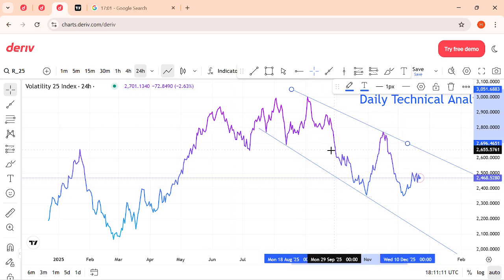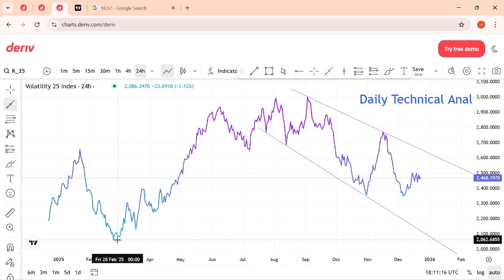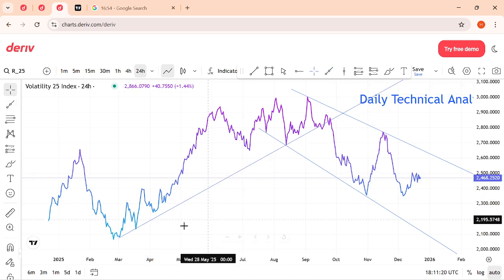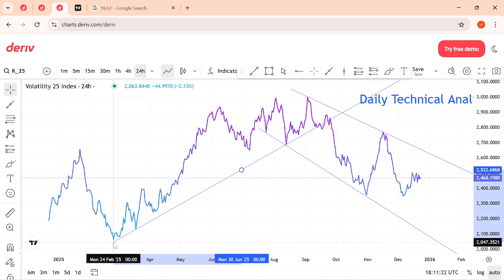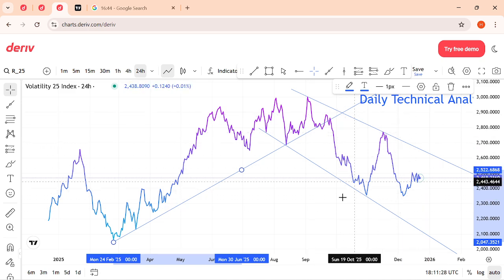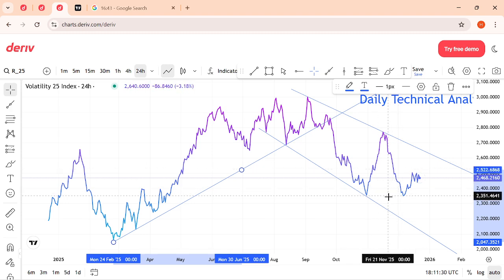On this area, initially we plotted our trend line connecting from this point straight. So follow me closely so you understand what I'm doing. We connected our trend line from here to this point in order to get our break of trend line, which the market is currently reacting on.